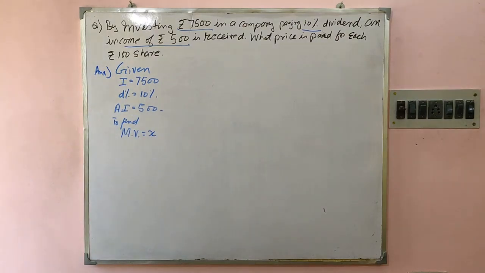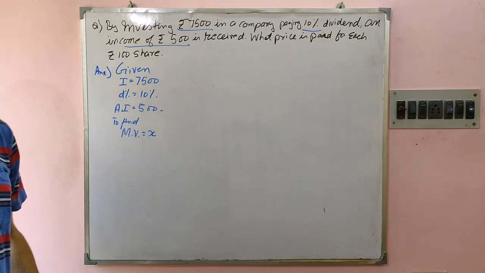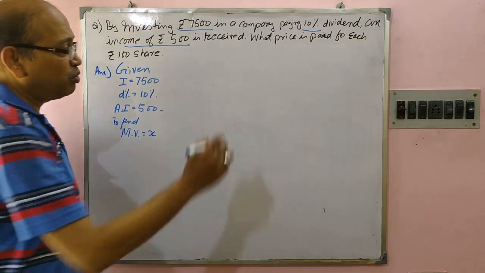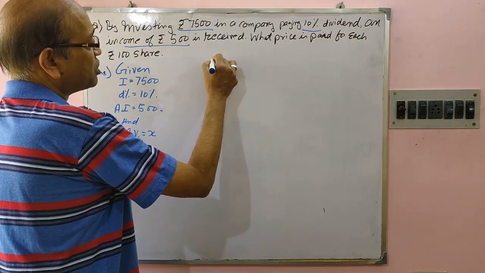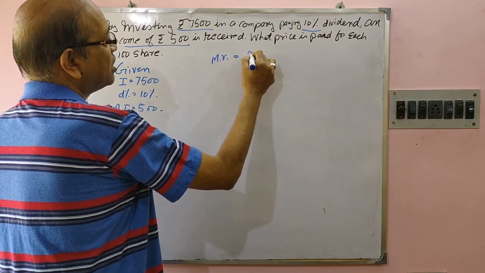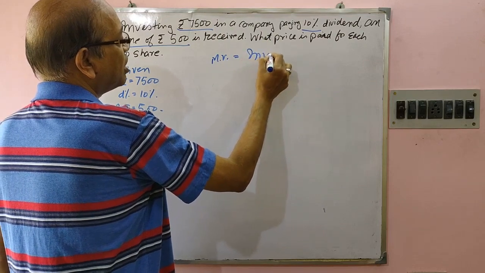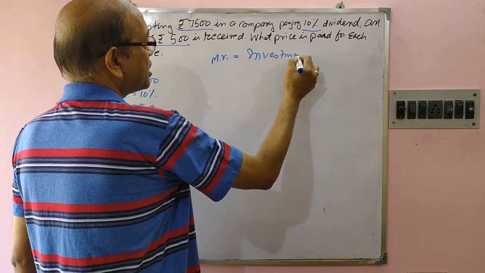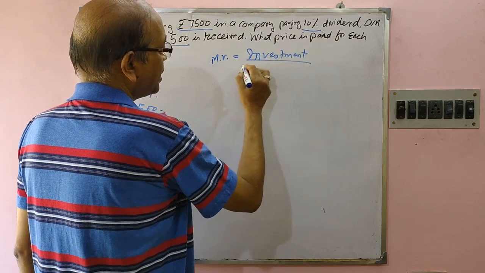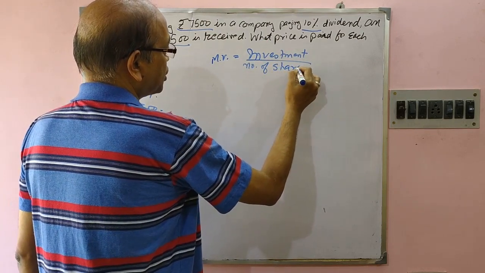To find the market value, what formula can we use? Market value is investment by number of shares.